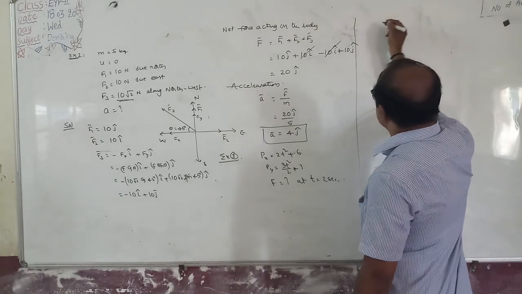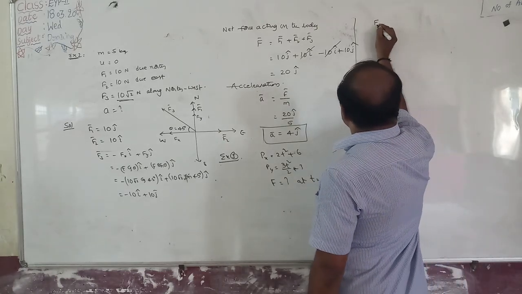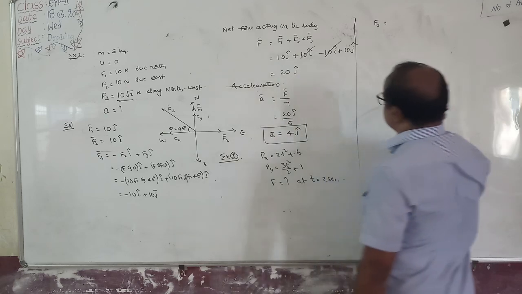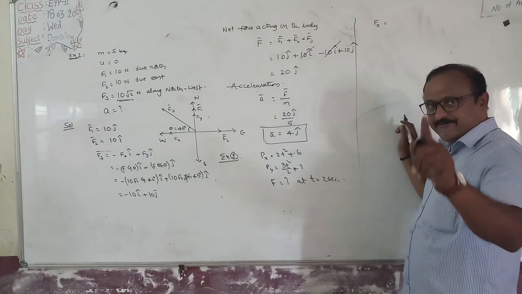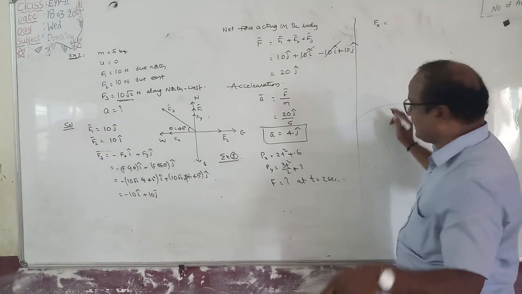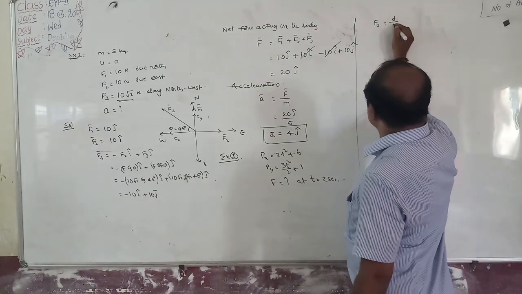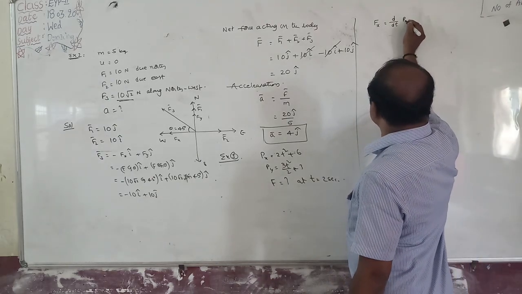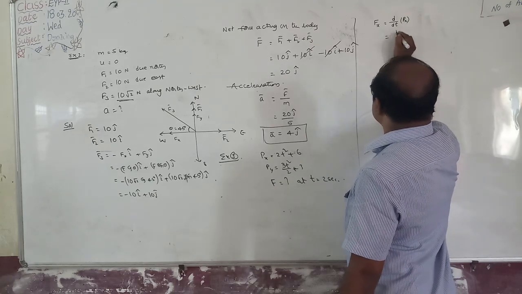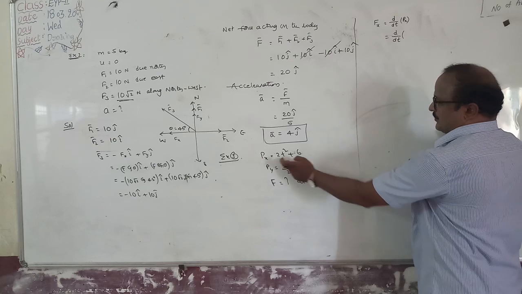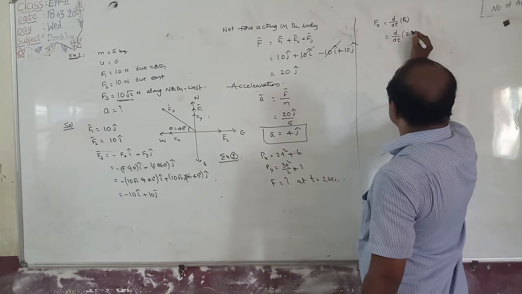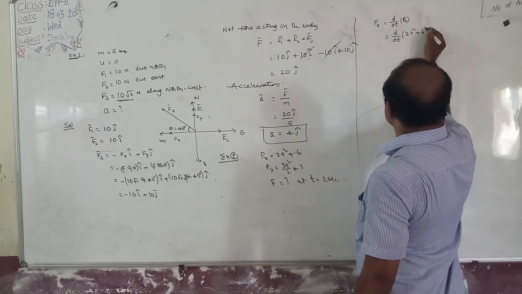Now let us calculate the formula for force acting on the body along x-axis. Fx. Again, you know, F is equal to dp by dt. Therefore, Fx is equal to d by dt of px. That is, d by dt of px is equal to, what is the value? 2t square plus 6.